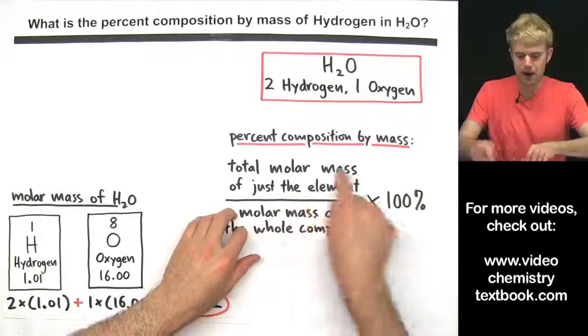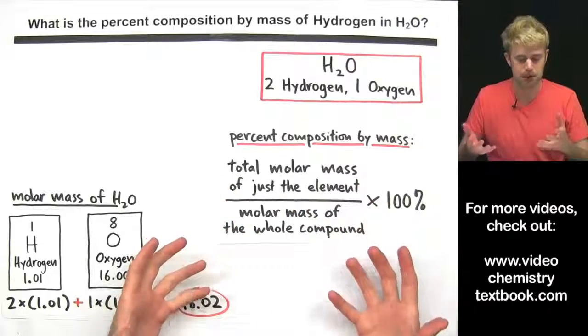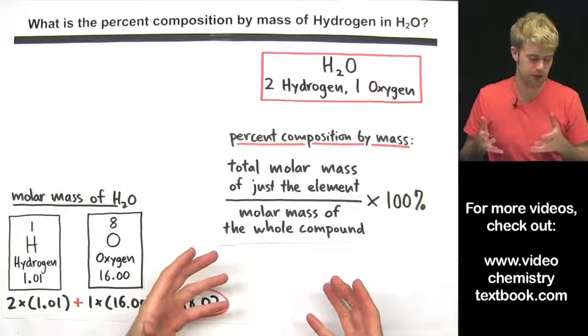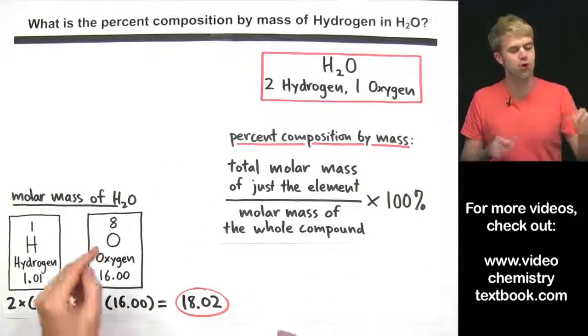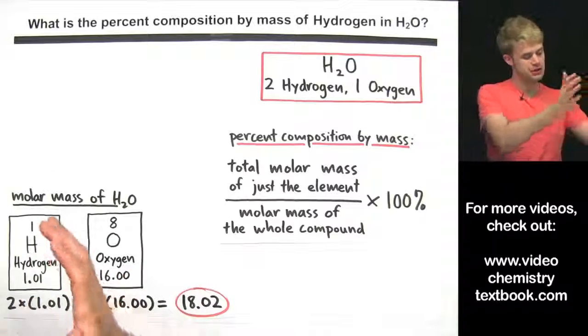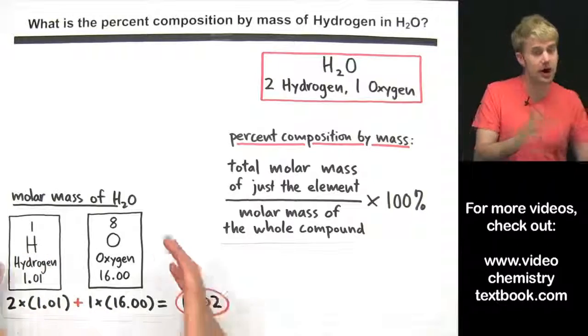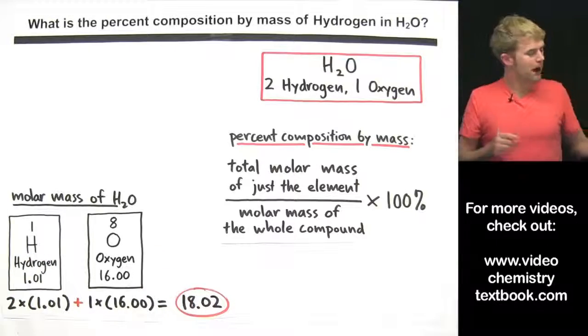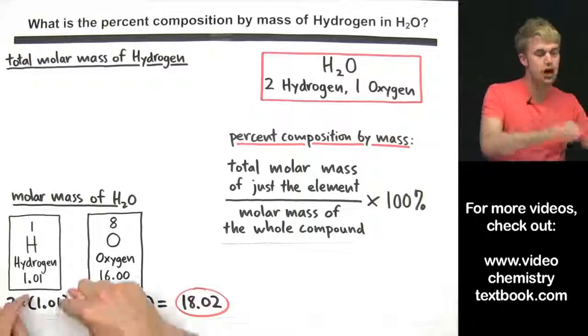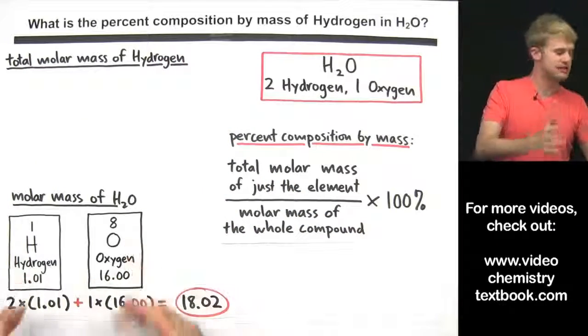Now let's talk about the top. What do I mean when I say the total molar mass of just the element? Well, when we calculated the molar mass of H2O, we added together the molar masses of hydrogen and of oxygen. We combined both of these. But I want to find out the total molar mass of just the hydrogen, not both of these things added together.